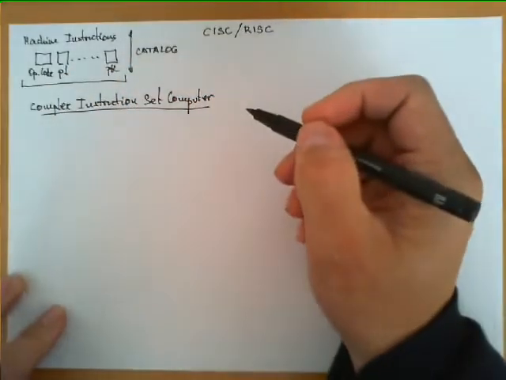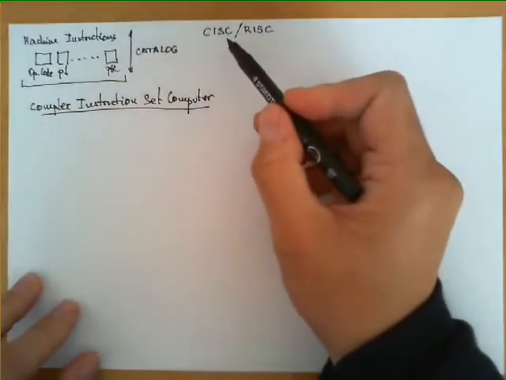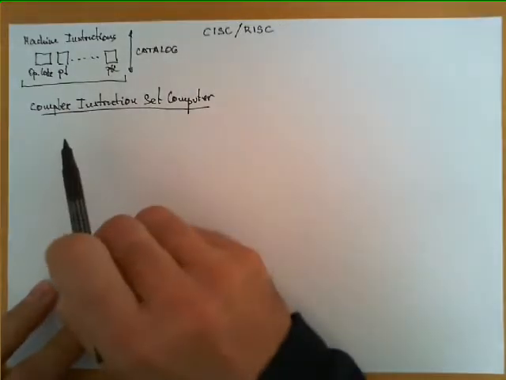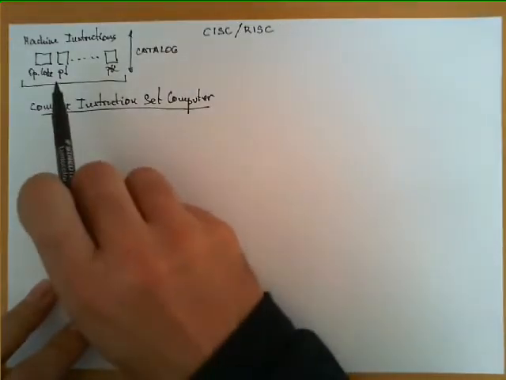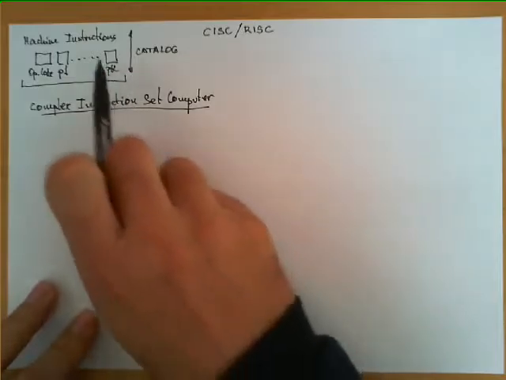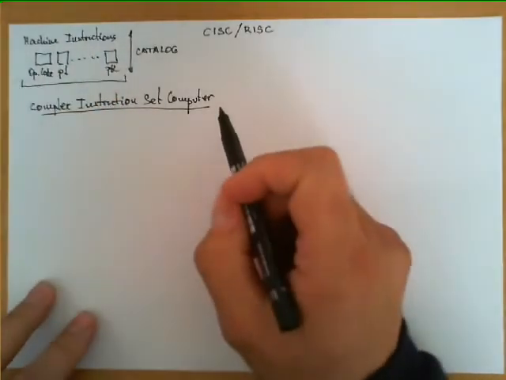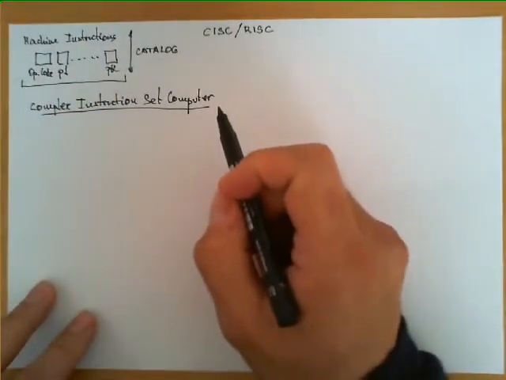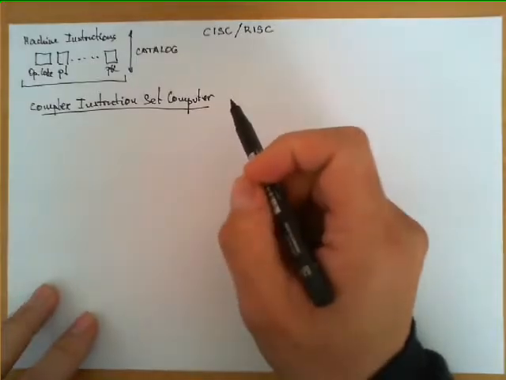And the name is self-explanatory. The microprocessors with a CISC architecture offer the capacity to execute a fairly rich set of instructions. Each one is also capable of implementing sophisticated operations.